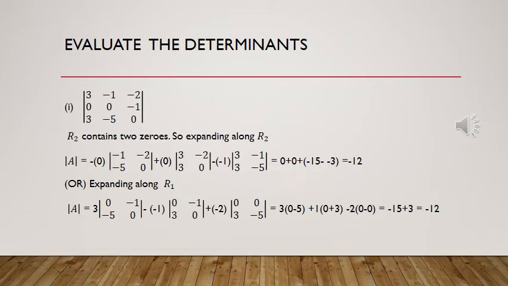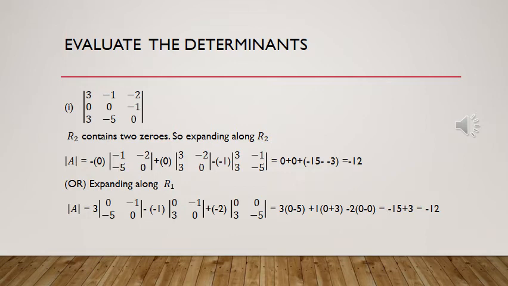In this question, R2 contains 2 zeros. So shall we expand along the second row?